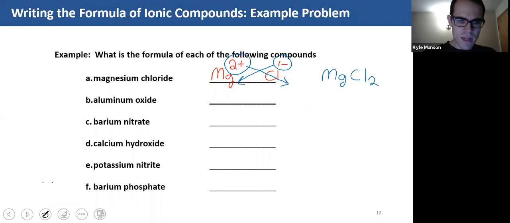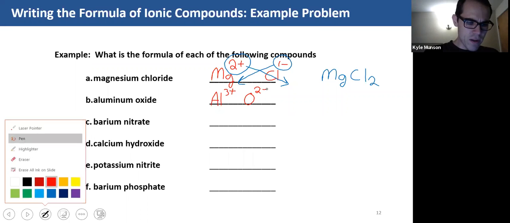So let's do the next example. Aluminum is a 3+. Again, we're just finding these like we learned in the other videos on polyatomic ions or monoatomic ions. And this is oxygen.